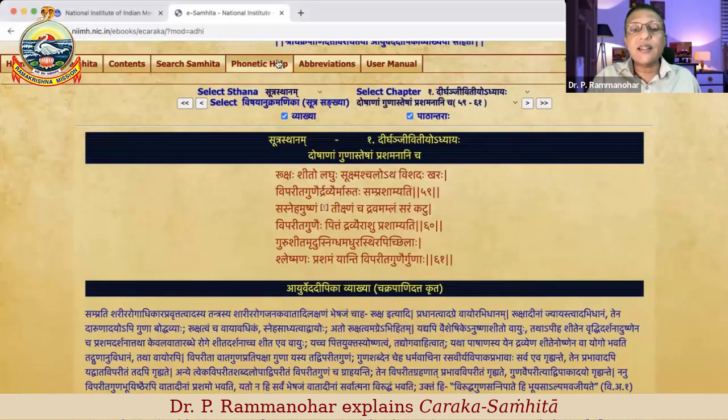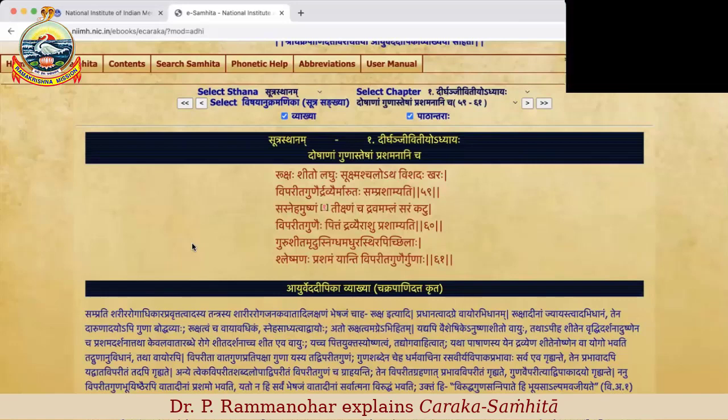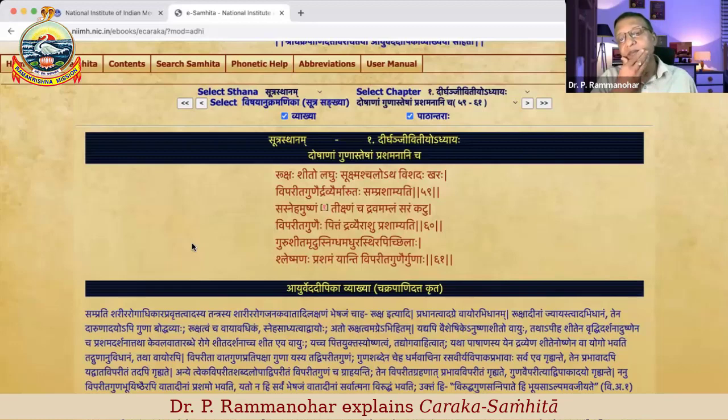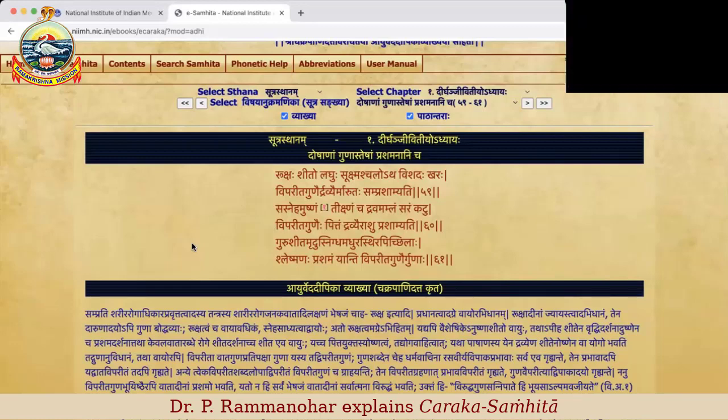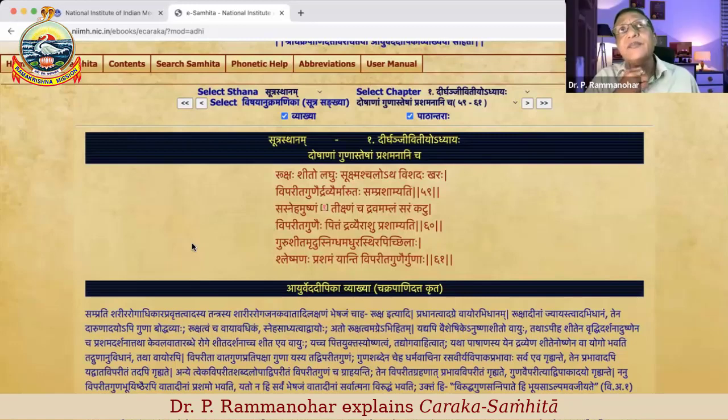So is this clear, the gunas? Sir, you said 20 gunas are there, right? Yes. So now we're discussing only 6. The gunas are discussed later. Only the major gunas which we usually use.